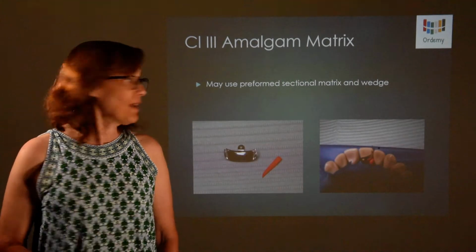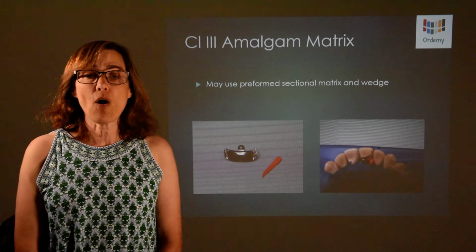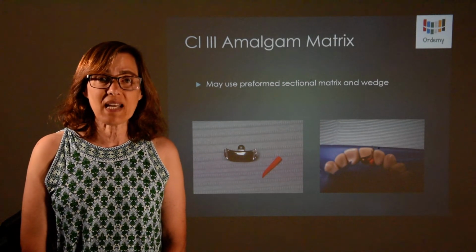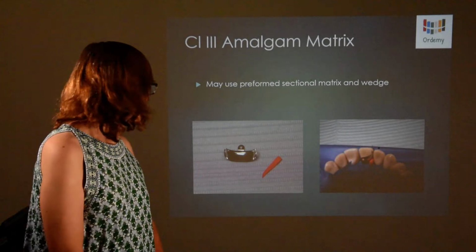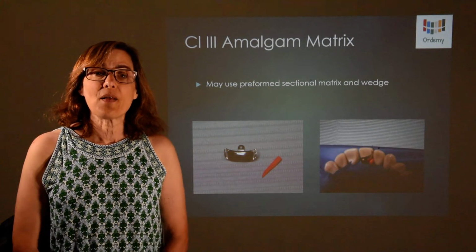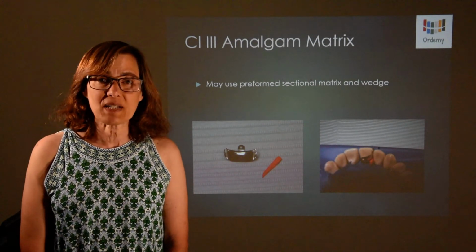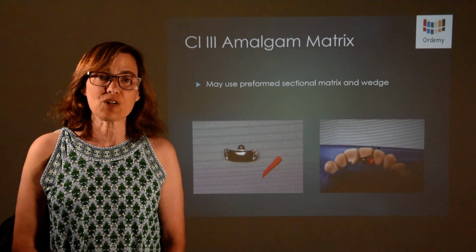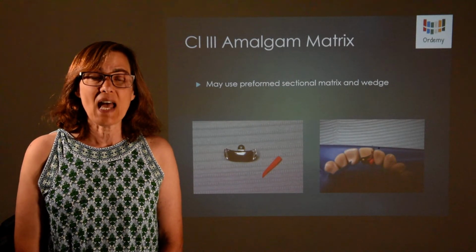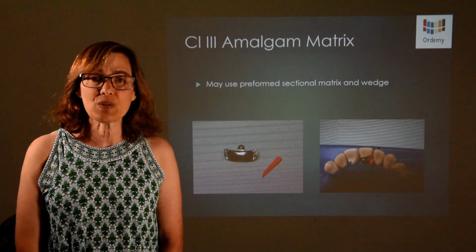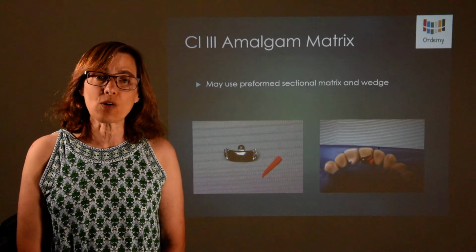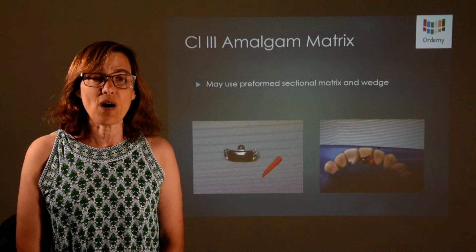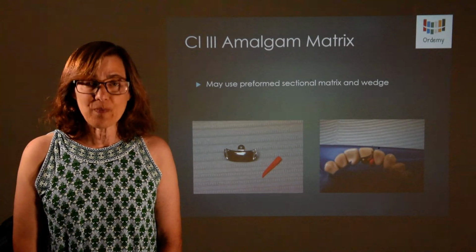There are commercial fabricated matrix systems already prepared, and wedges. Wedges come in small, medium, and large, and you will use them appropriately in regards to the size of the embrasure and the location of the tooth.